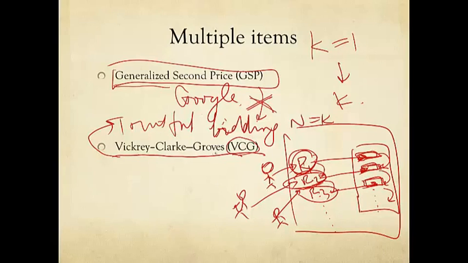We'll come to the intuition of why second price for a single item induces truthful bidding, but generalized second price is not the right generalization if you want to keep that property. We'll come to that intuition towards the end of the lecture, and then we will save the VCG details, what it is and why it induces truthful bidding, for the advanced material part of the lecture.